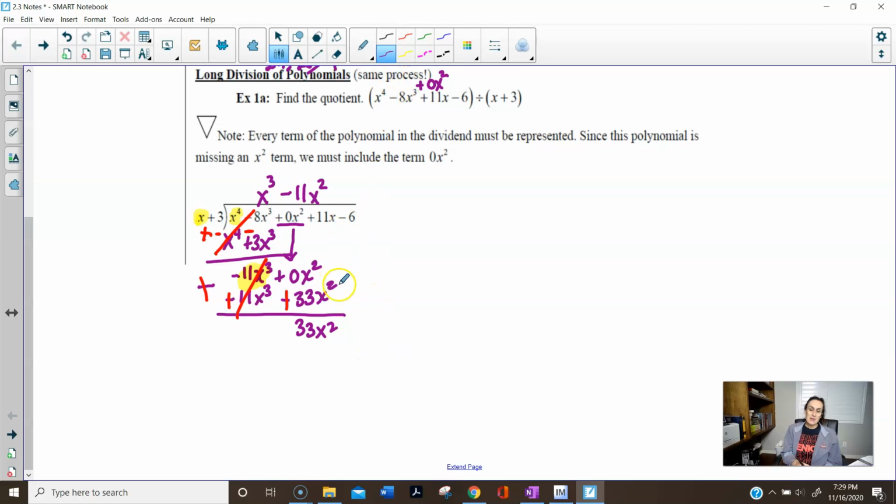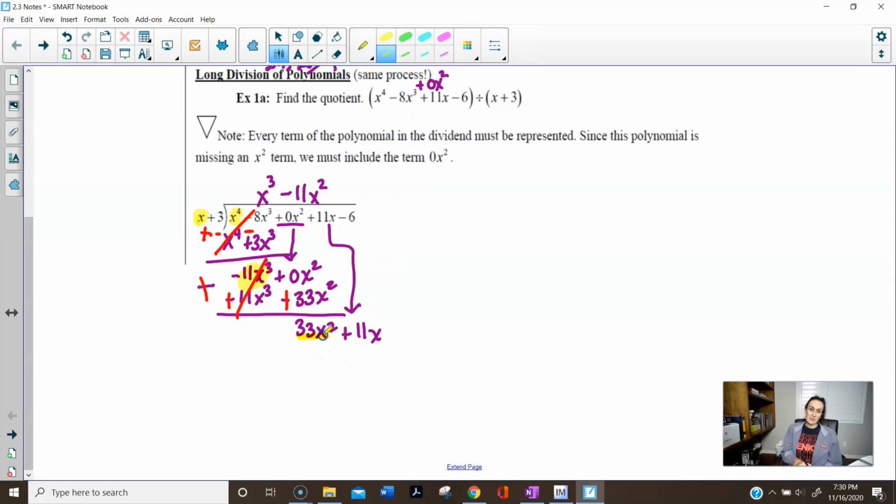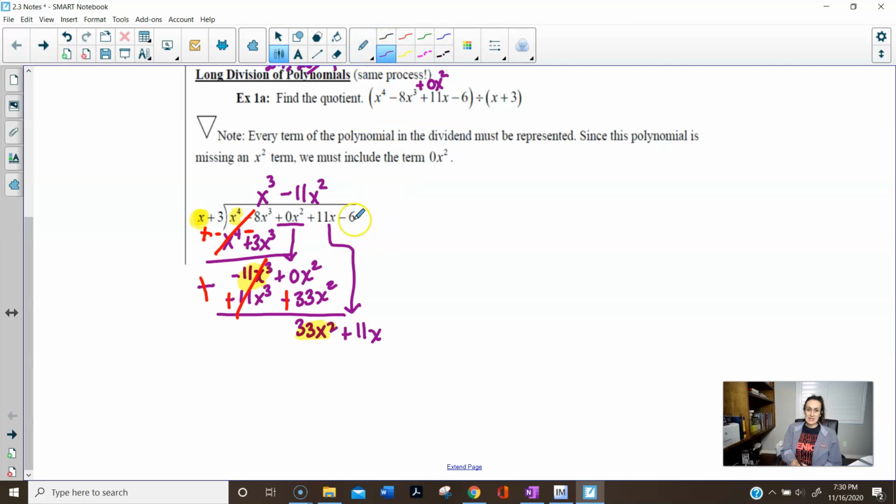So this time I'm going to bring down the next number, which is plus 11x. And then I'm only going to look at the 33x squared and the x. And I say x times what is 33x squared? And so that is going to be plus 33x. Multiply 33x to both of these. 33x squared.